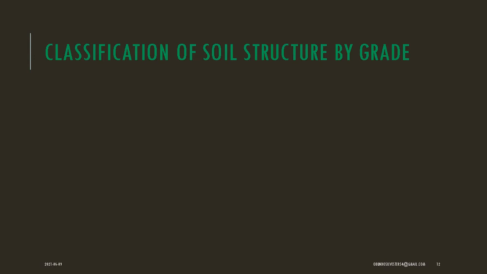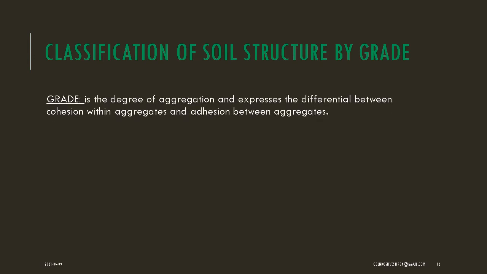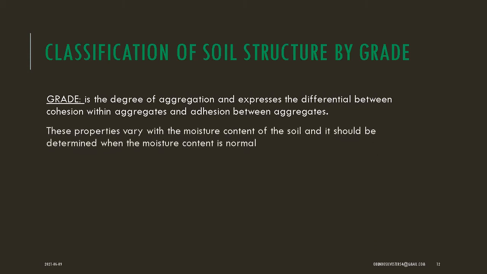We start with grade, which is the degree of aggregation and expresses the differential between cohesion within aggregates and adhesion between aggregates. These properties vary with the moisture content of the soil, so it should be determined when the moisture content is normal, not when unusually dry or unusually wet.